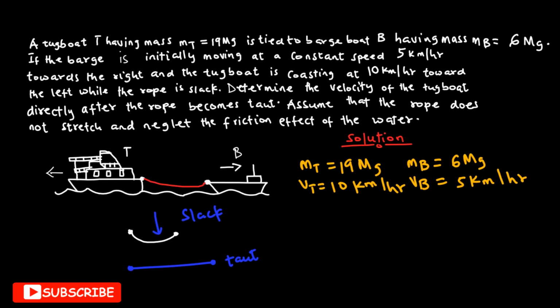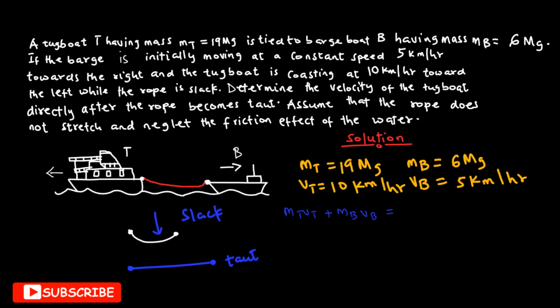You know that momentum is the product of mass and velocity of a body. So you're going to have mt vt plus mb vb, which is the initial momentum, and that should be equal to the final momentum.